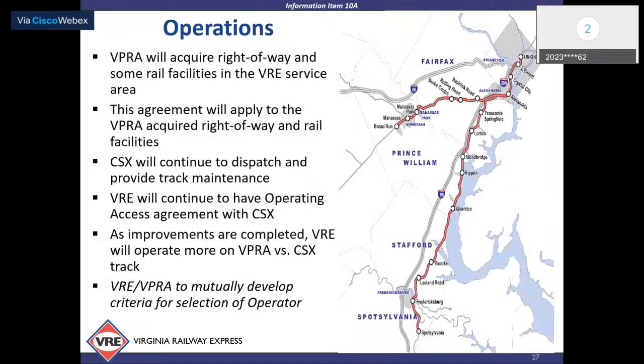So from an operations standpoint, again, the rail authority will acquire right-of-way in what is referred to in our current service area as the Fredericksburg line.